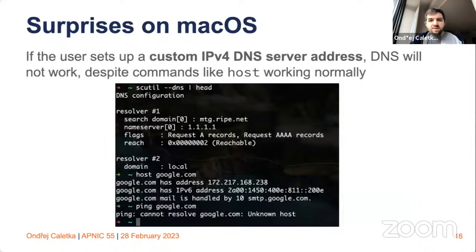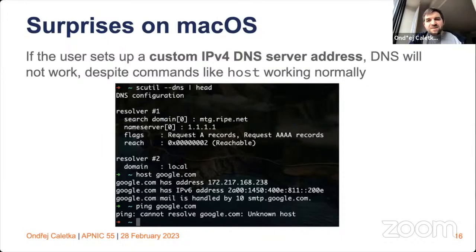Another interesting thing is that the CLAT engine in macOS does not work for all applications. For instance, it does not work for the DNS resolver. So if you have custom settings for a DNS server and you set an IPv4 address for it, it will not work, despite the fact that you can ping that address.